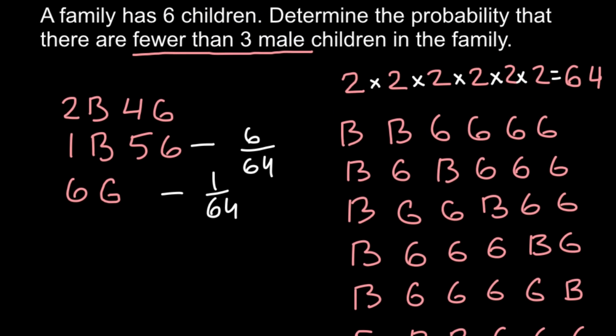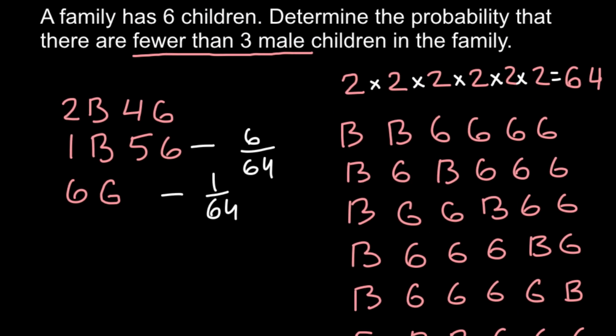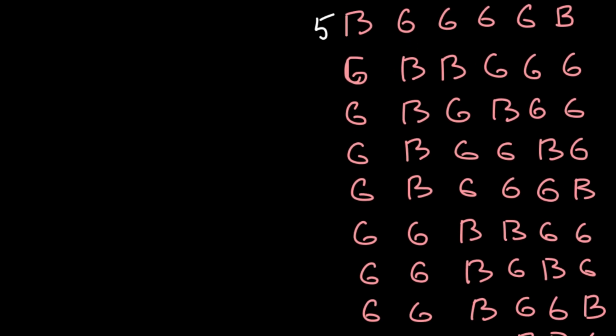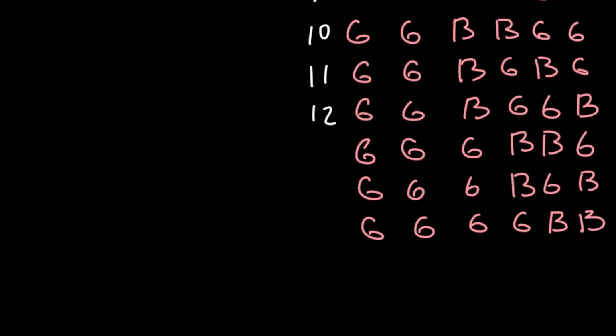So let's count how many variants of having two boys and four girls we have. 1, 2, 3, 4, 5, 6, 7, 8, 9, 10, 11, 12, and 13, 14, and 15.